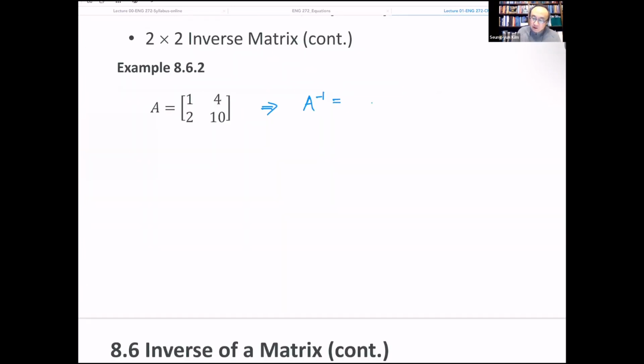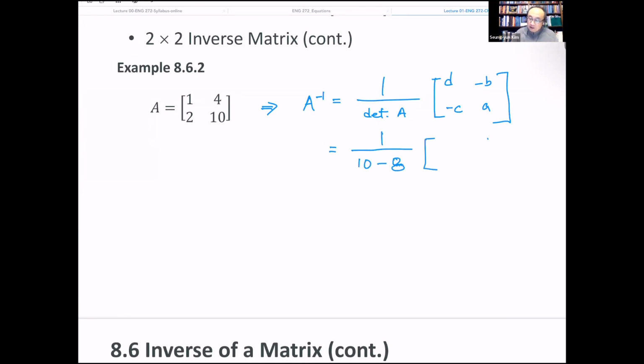Let's do this. A inverse is 1 over the determinant of A, which is 1 over AD minus BC, and then the sign and position changes, and that is 1 over 2. I can take this as an answer, so you don't have to multiply 1 over 2 into every element. If you want to, you can.